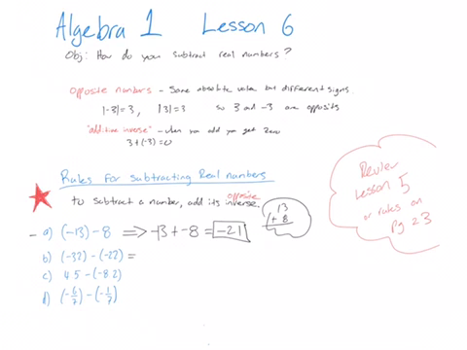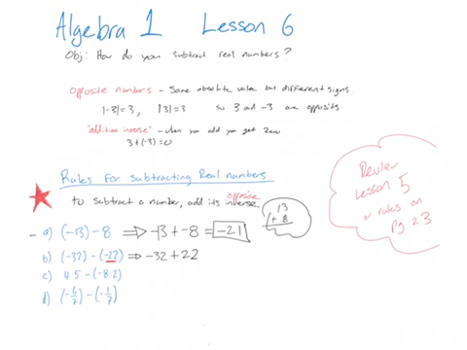The next one here is -32 minus a -22. So you're going to say -32, and you're going to add the opposite of -22. The opposite of -22 would be +22. So I'm going to say -32 plus +22.